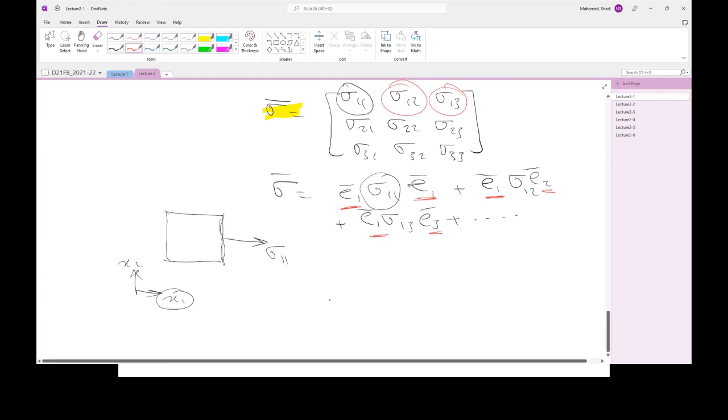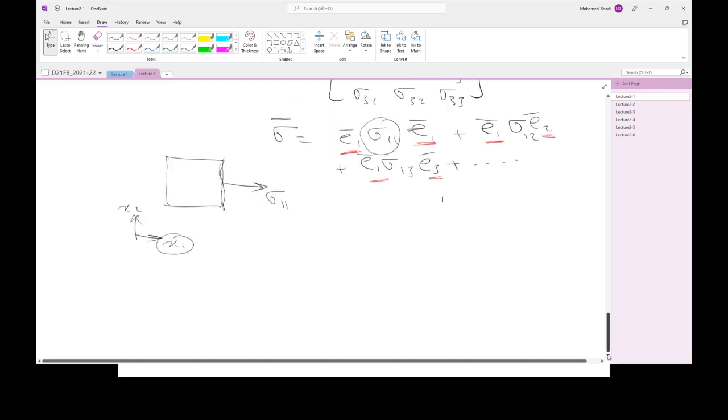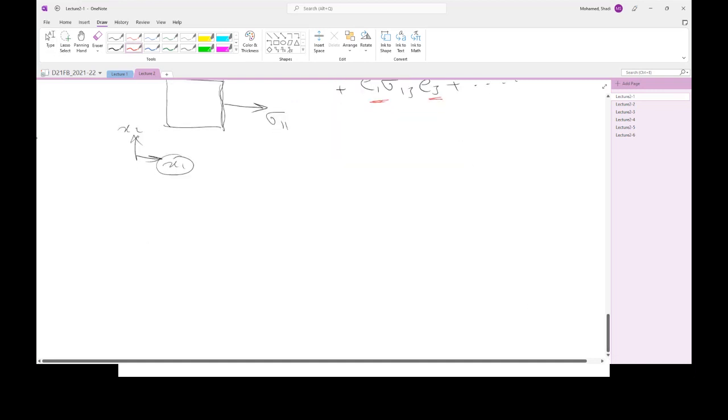Now, if you want to figure out which component of a vector is associated to E1, we have this vector here, F is equal to F1, F2, and F3.